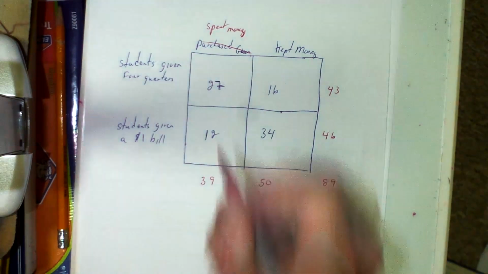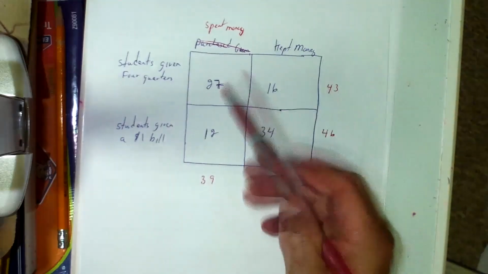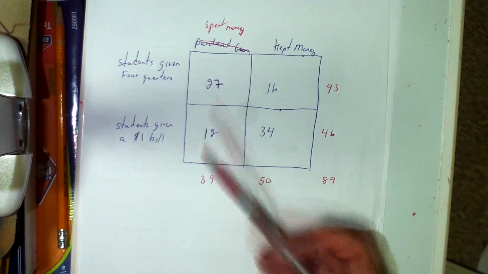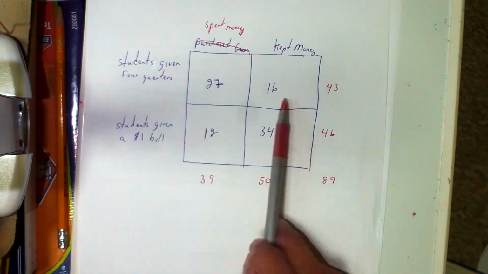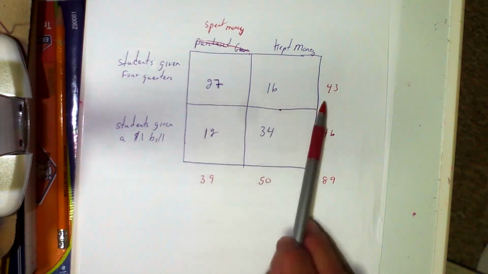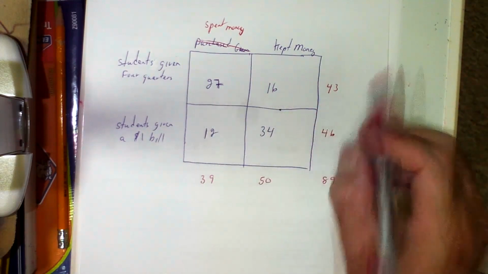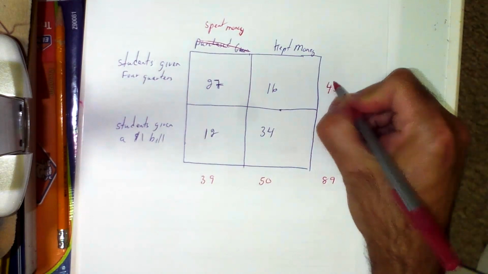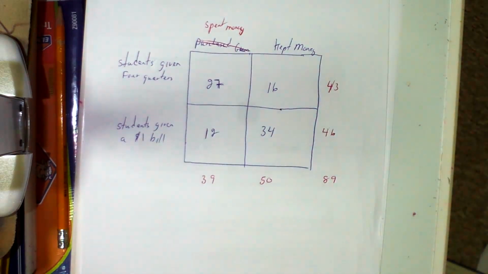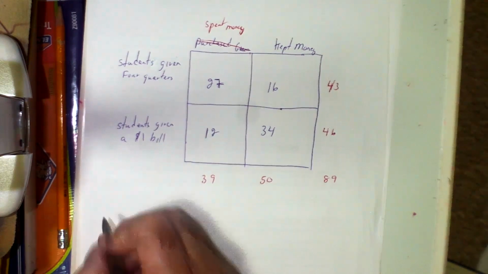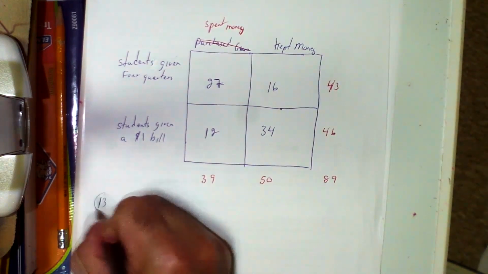So I scratched it out and put spent gum. I added them: 39, this is 50. Row total is 43, and the other row is 46. Grand total is 89. All right, so here we go. Let's do number 13 A and B.